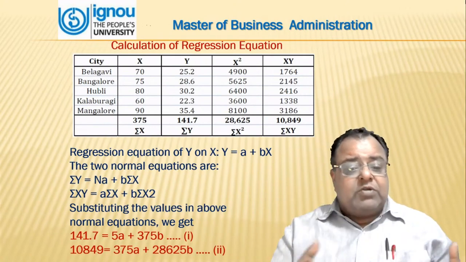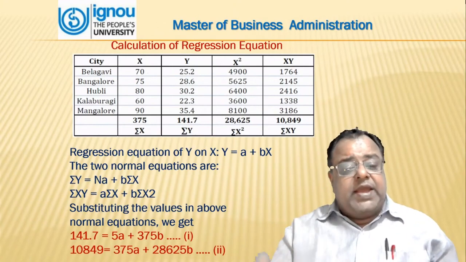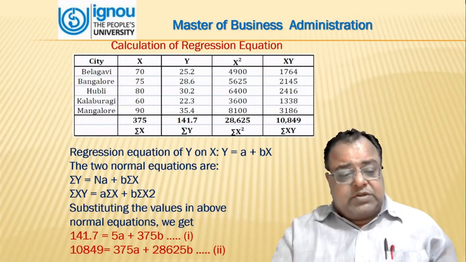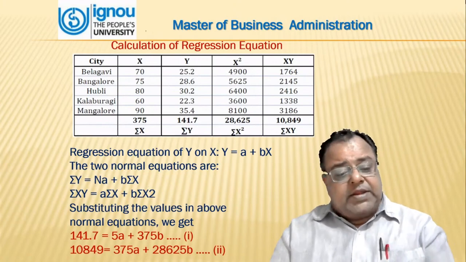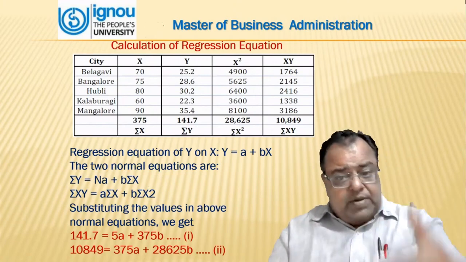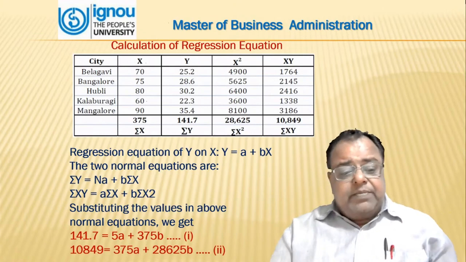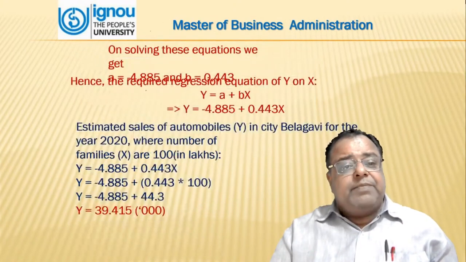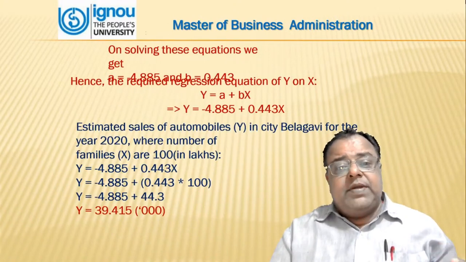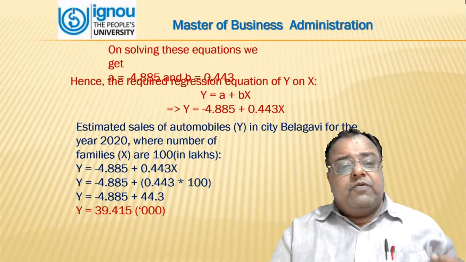Because we have to calculate the values of a and b, we should have a minimum of two equations with us. After placing the values from the problem, we calculate the values of a and b. And a will be 4.885 and b will be 0.443.